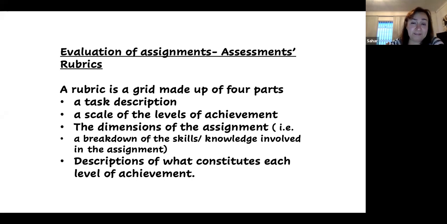So it's a grid that is made up of 4 parts: the task description, a scale of level of achievement, and the dimension of the assignment. So you break down the skills, the knowledge, the involvement of the assignment, and describe what constitutes a good achievement, bad achievement, average achievement.